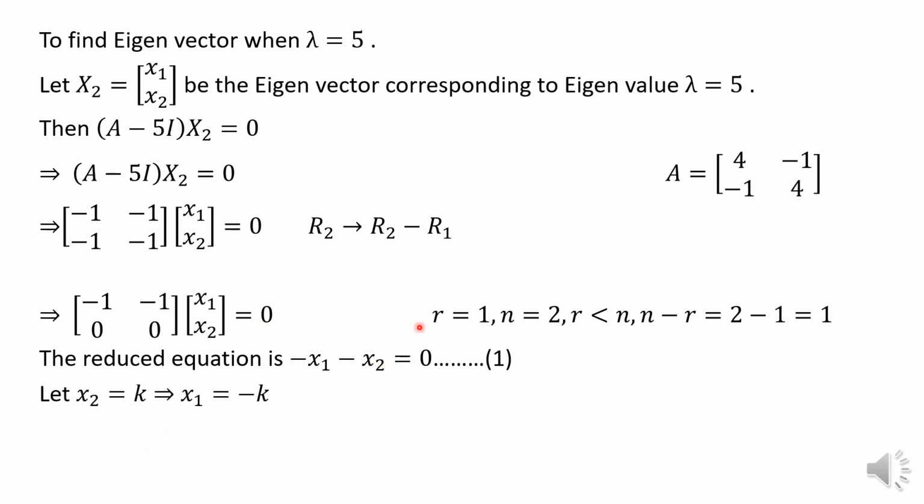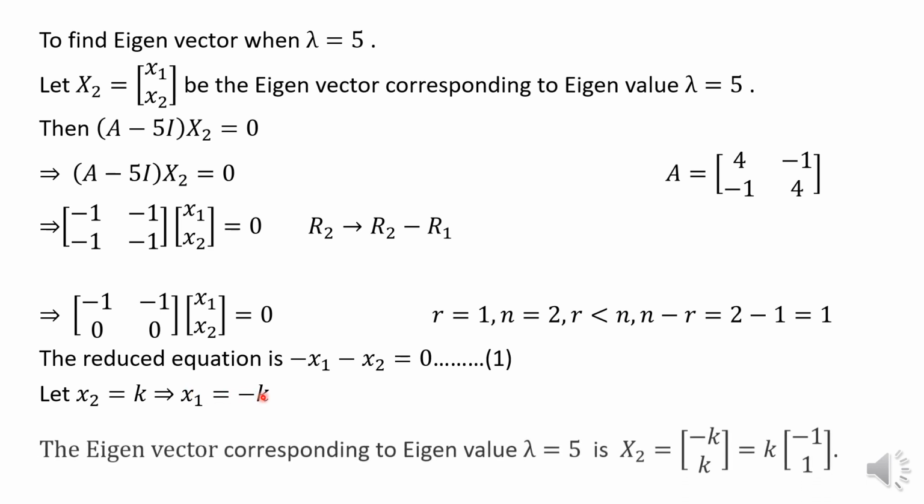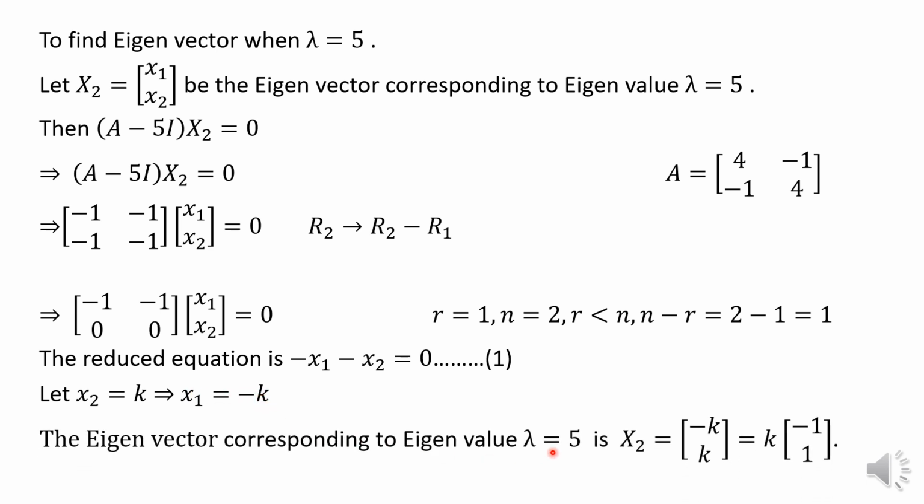Now you put x2 equal to k, so therefore the value of x1 becomes minus k. So the eigenvector corresponding to lambda equal to 5 is X2 = (-k, k). Taking k outside, we get (-1, 1). So up to this you know how to find the eigenvalues and eigenvectors. Diagonalization is beyond this; you have to step one step forward.